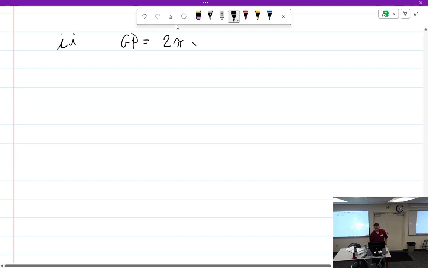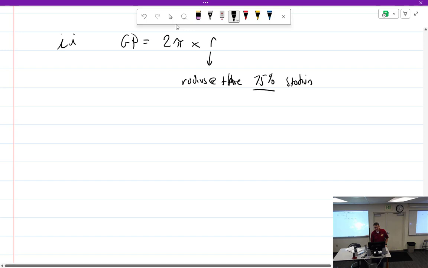So as I have it here in my notes, geometric pitch equals 2 pi times r, and little r is the radius at the 75% station.